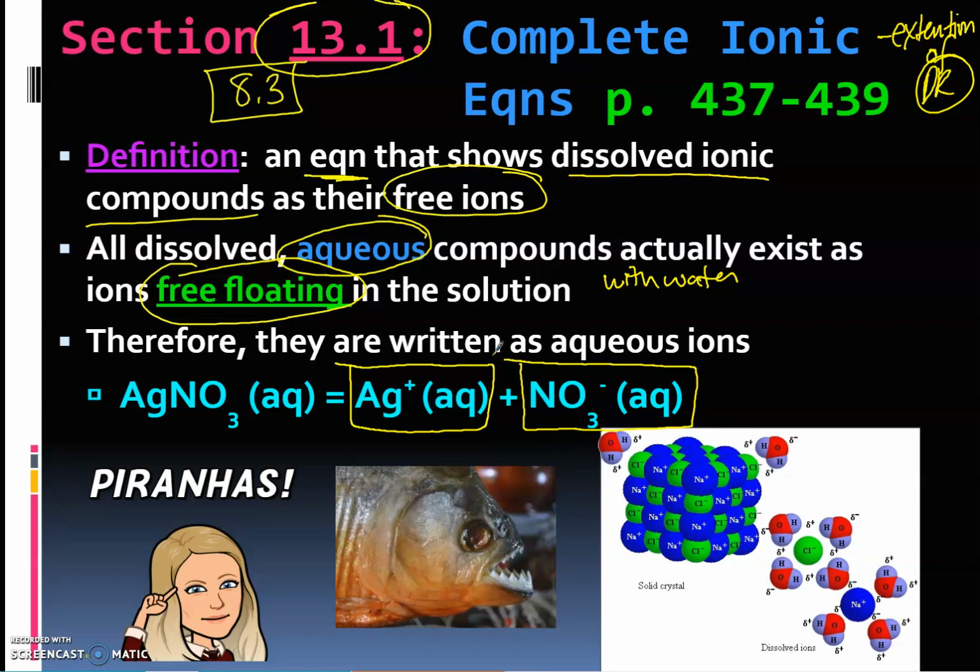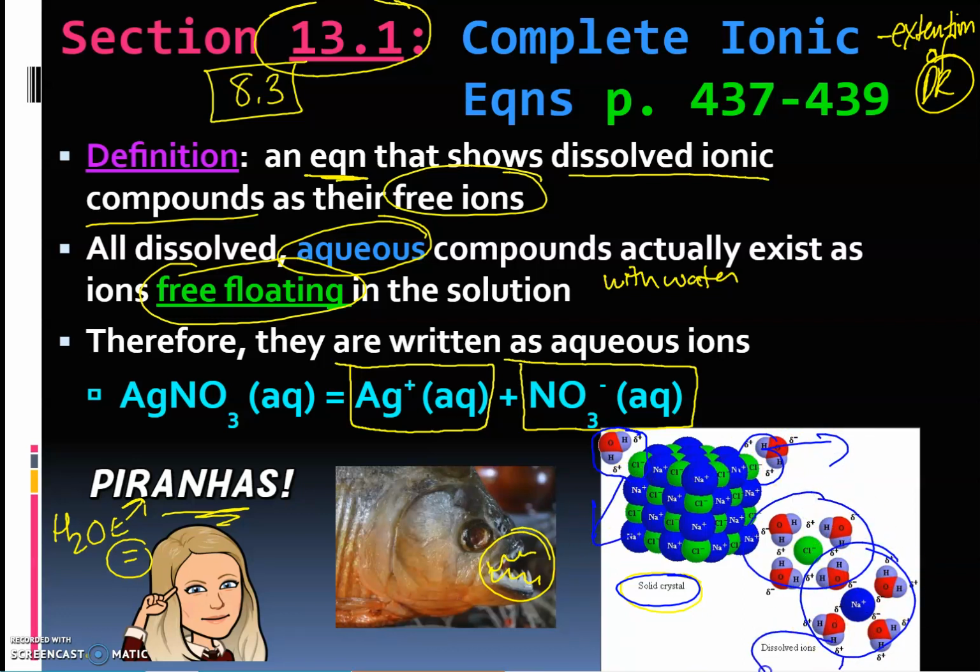So what you want to think of is that water molecules that do the dissolving, they are piranhas. You know what piranhas are? They are literally going to take the solid crystal that is in the water, and this piranha is going to pull one of these chlorides out and pull another one out and take it out piece by piece, surrounding it completely with water.